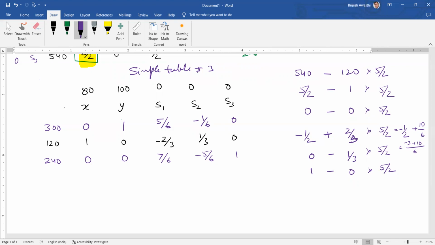Now, again, we are looking for 100. Yes or no? Yes. So in this case, we got y and 100. In this case, we got x and 80. And S3 and 0. Now I'm going to calculate ZJ.